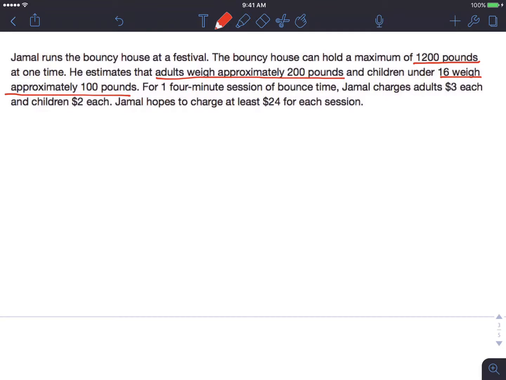For one 4-minute session of bounce time, Jamal charges adults $3 and children $2 each. Jamal hopes to charge at least $24 for each session.